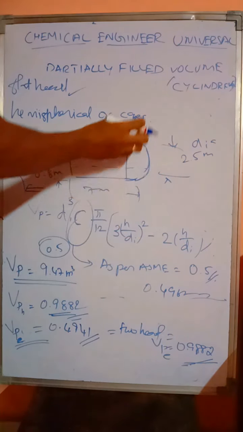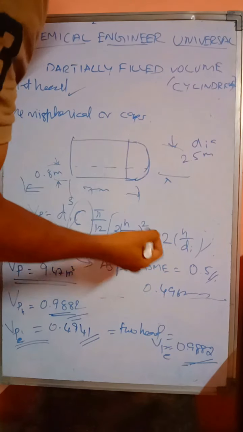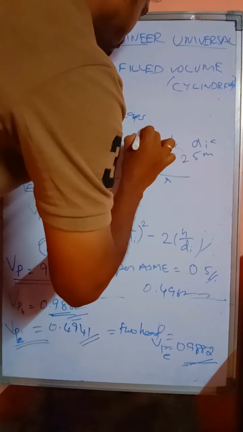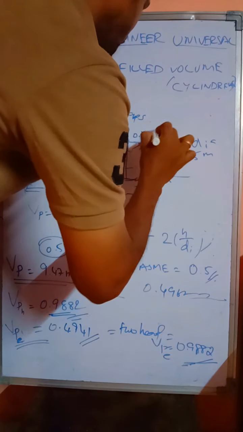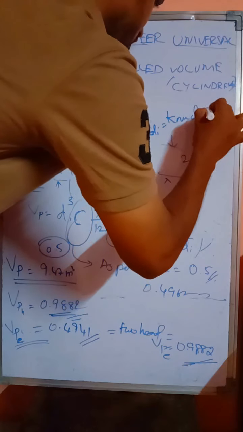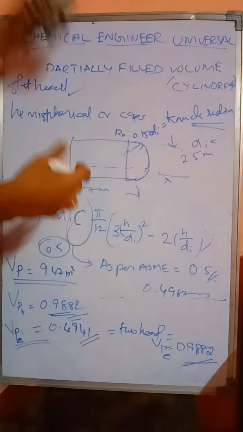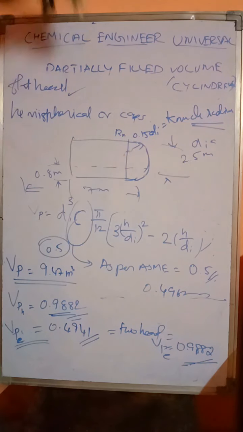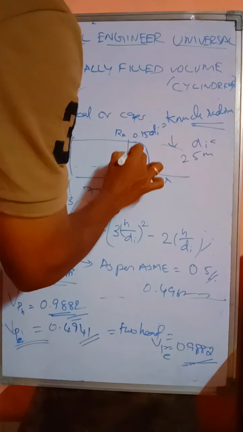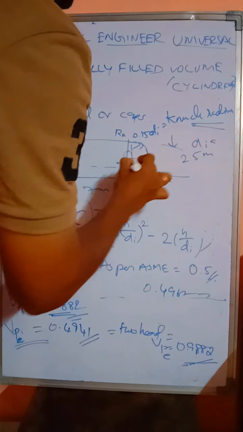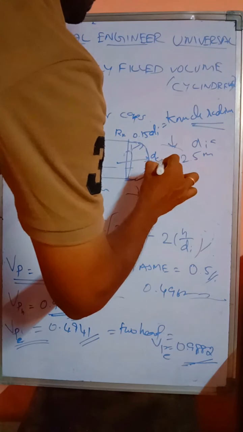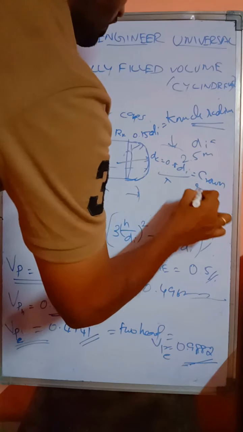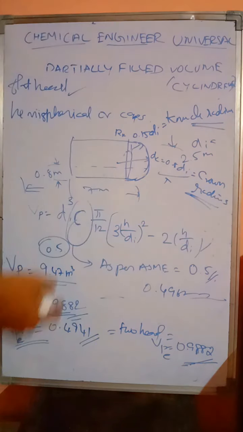So you don't need to include all this knuckle radius or crown radius and all. 0.15 DA, this is for the design purpose, and you don't need to worry about these values. For drawing purposes, you can take that value from the internal diameter, and this is crown radius DC equal to 0.8 DA.